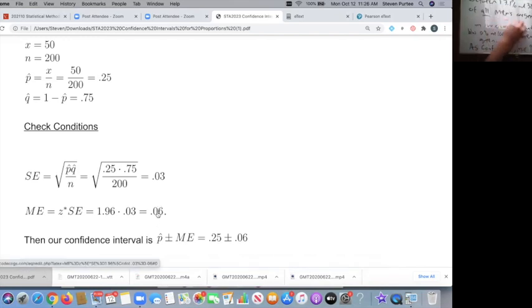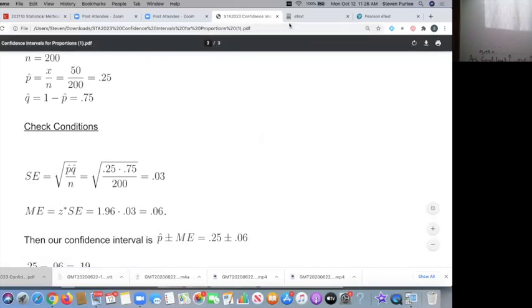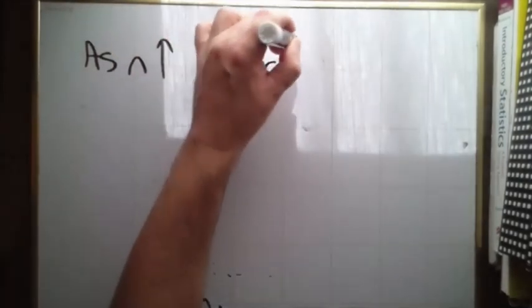So if I want to be more confident in my answer, I need to take a bigger sample. If I want the margin of error to go down, we make n bigger. So as n goes up, the wiggle room, the margin of error goes down.